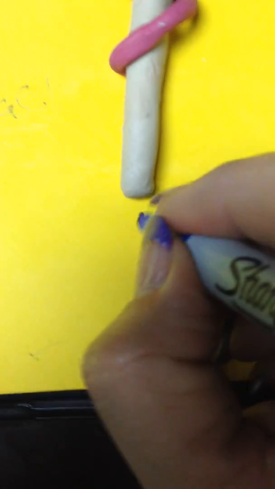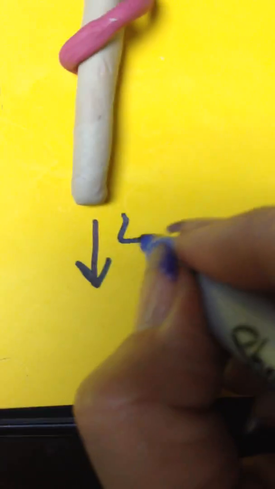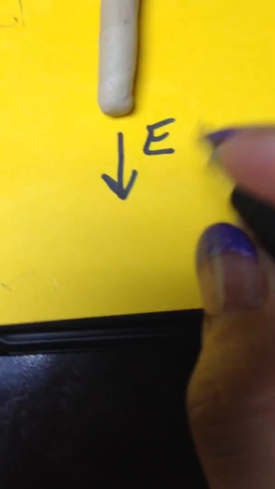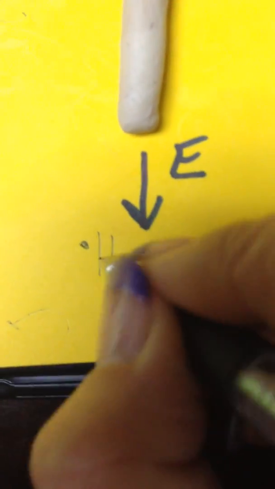Now the last thing is the end result, and we're going to put an E here for excrete. This is what we're actually going to exit out of the body. We're going to pee out, and you're going to pee out, majority of it will be water, but we'll have some potassium as well.